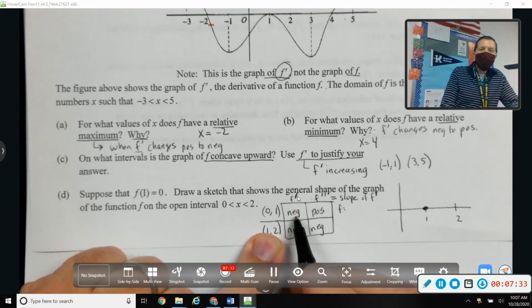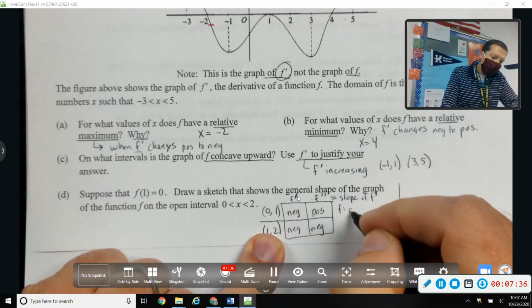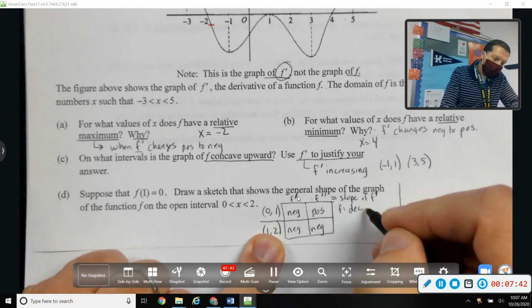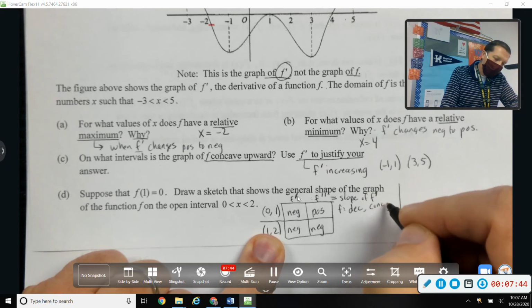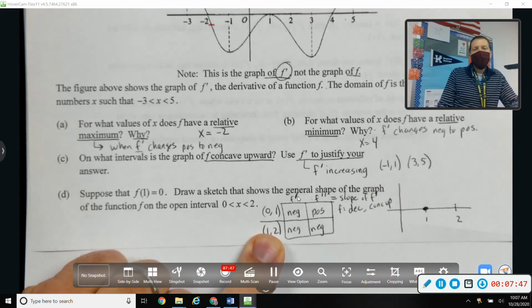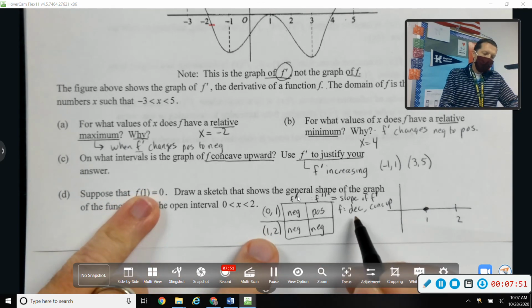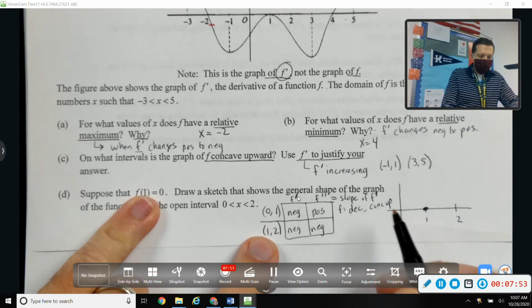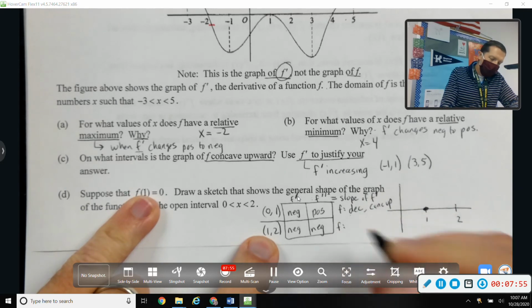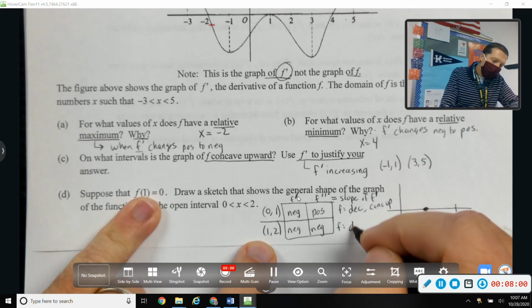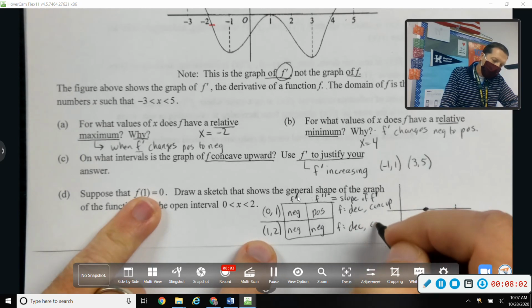If f prime is negative, then f is decreasing. F double prime is positive, so that means it's concave up. So from 0 to 1, I need to decrease but be concave up. From 1 to 2, f prime is negative, so I need to decrease but be concave down.